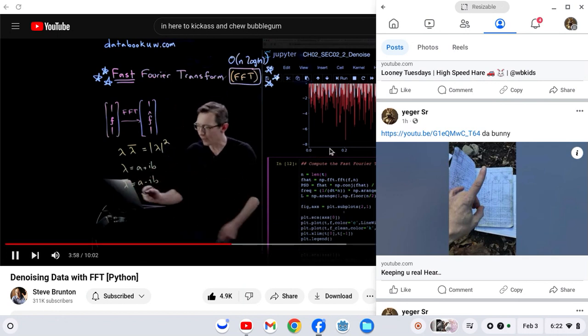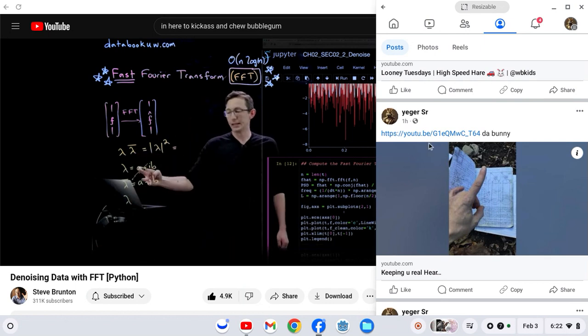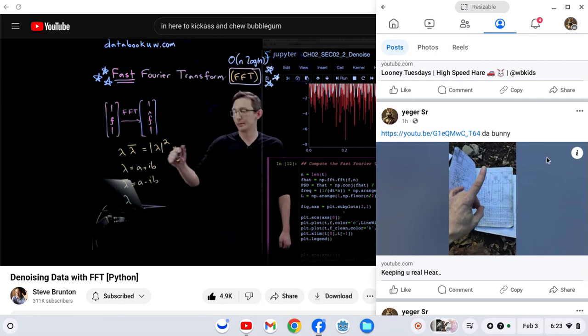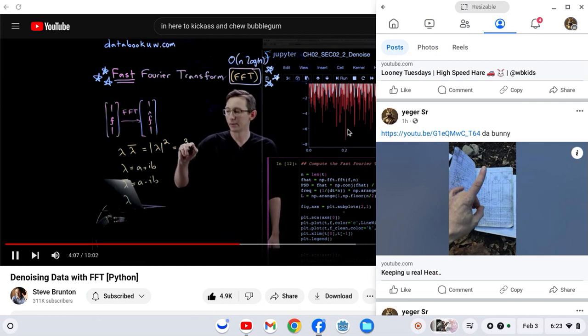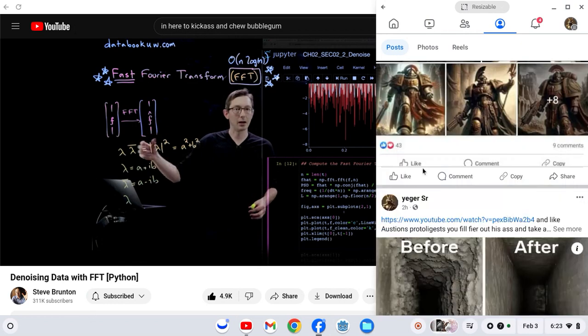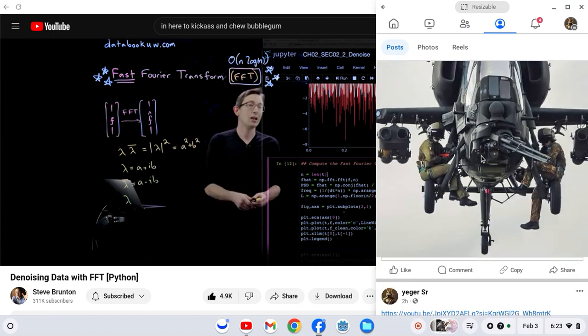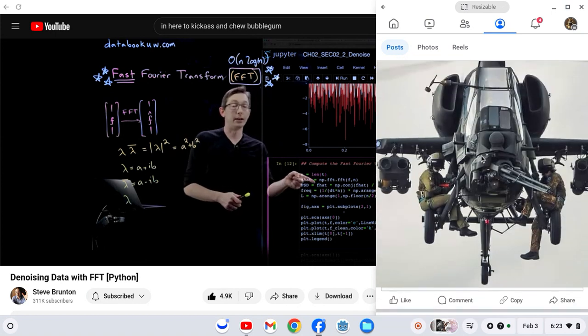If you multiply lambda times lambda bar, you get a squared minus i squared times b squared, which is a squared plus b squared. So lambda times lambda bar, or lambda conjugate, just gives you the magnitude of lambda squared. And that's what we're doing here with f hat.